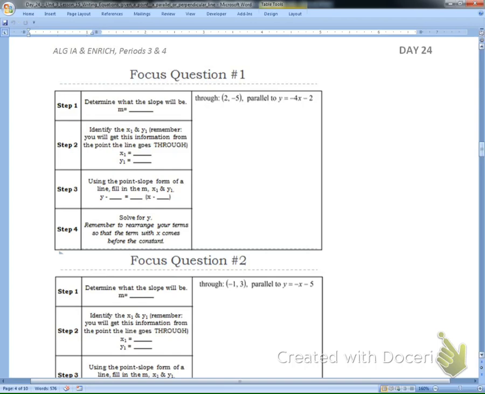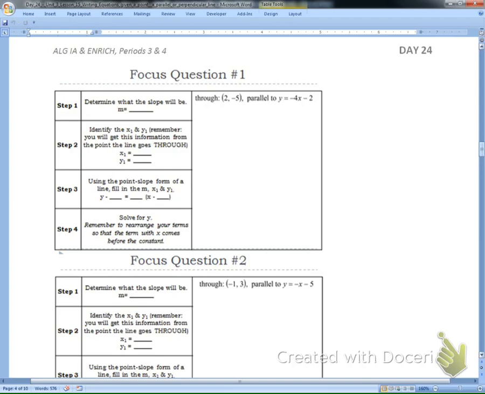And then I'm going to also show you how you can do this from the point-slope form of an equation. You'll probably find one of them much easier to use than the other. Everyone has their own preference on this, so I'm going to let you decide which you would prefer. I have my own, but I want you to make up your own minds of which one you prefer.